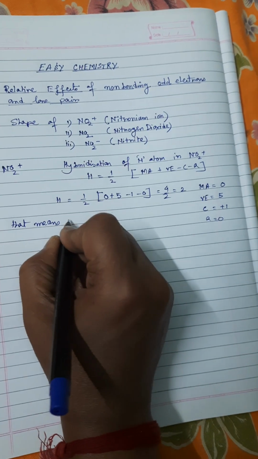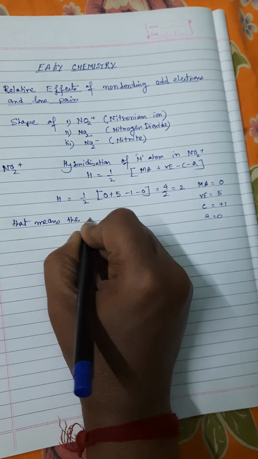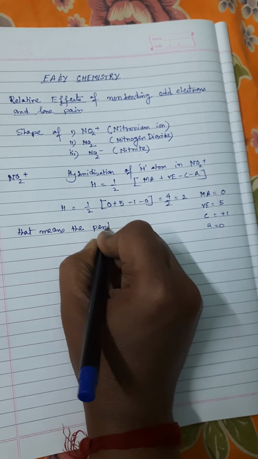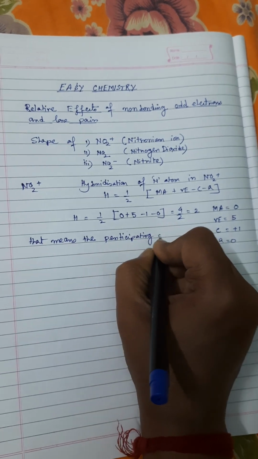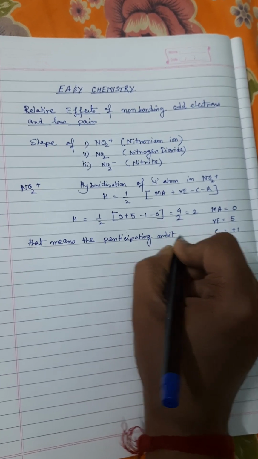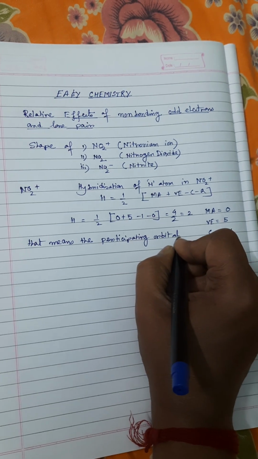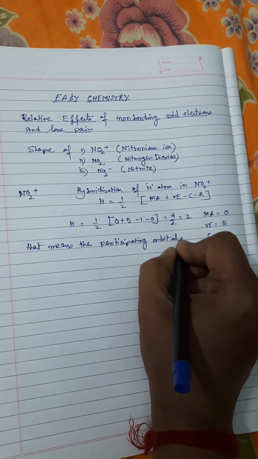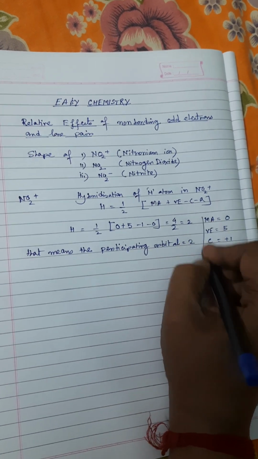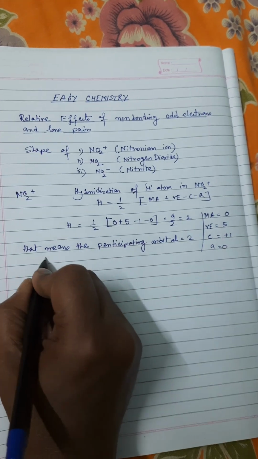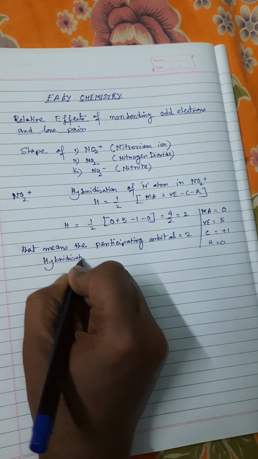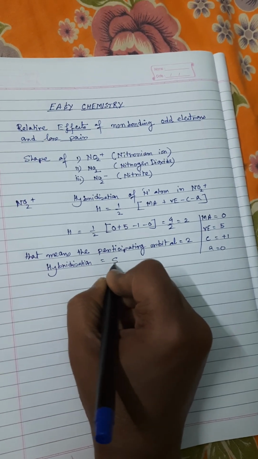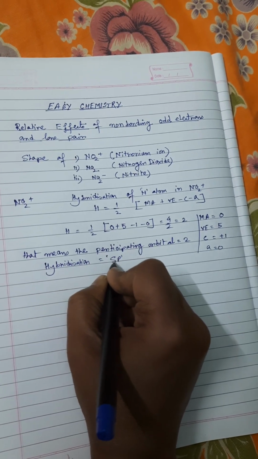That means the number of participating orbitals equals 2.